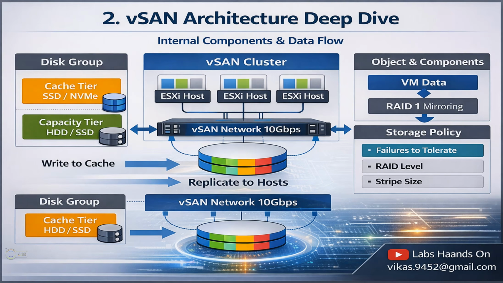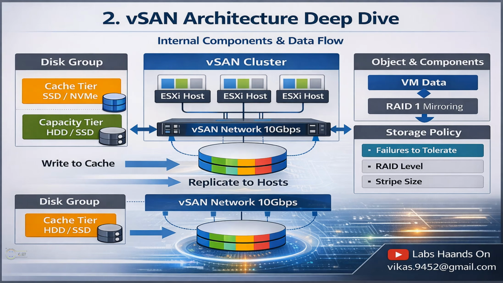In my environment, I'm using NVMe for all capacity and cache disks, but in a production environment you can create the cache disk on NVMe, because NVMe is a little bit expensive, and add capacity disks as SSD. And then you get the vSAN data store.